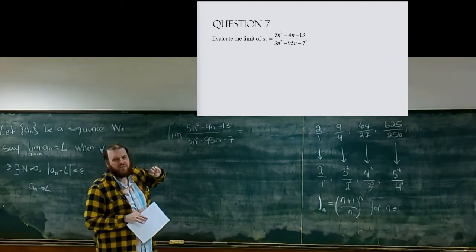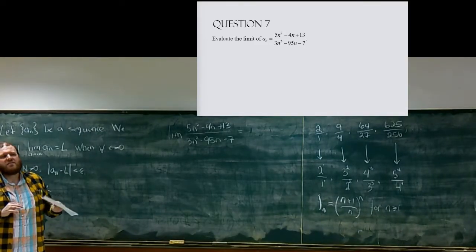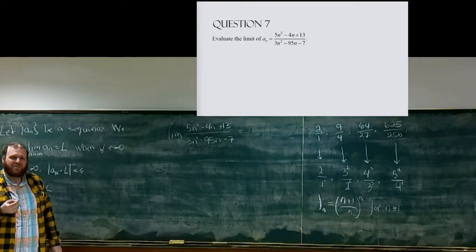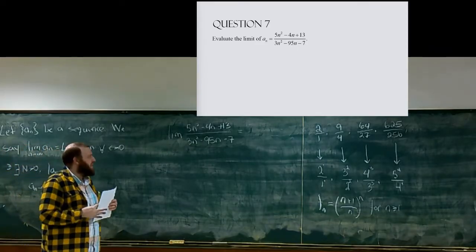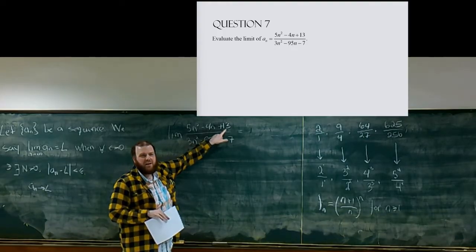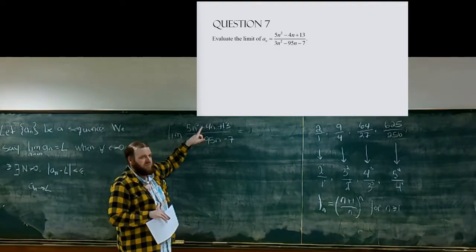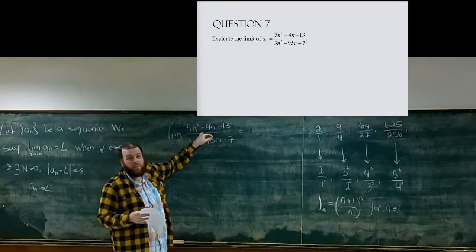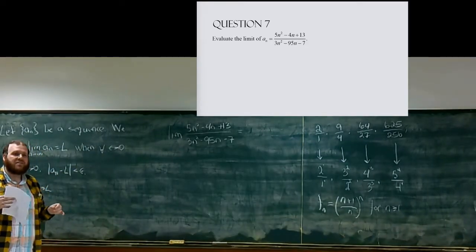How does the numerator behave as n approaches infinity? Isn't it just 5n squared? For very large n, that plus 13 doesn't really make a difference. That n squared dominates, doesn't it? N squared dominates n for extremely large n.